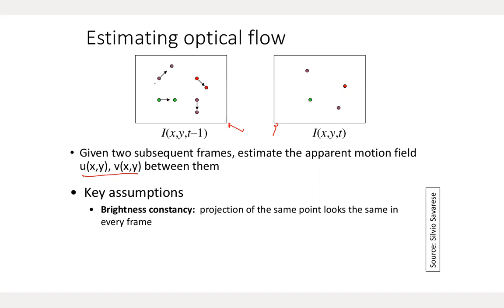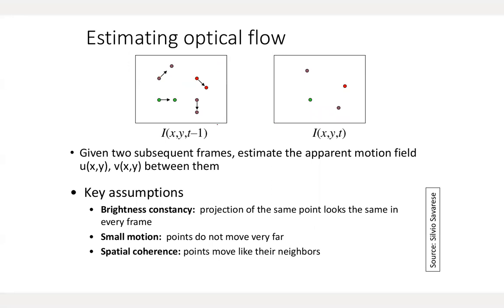If I have a dot here with some intensity, with this color purple, and I move to another location, it's more or less still the same intensity. If it just changes color, of course, we cannot track it, right? The second assumption is that the motion is relatively small. It's not going to make a huge motion, suddenly jumping from here to here, let's say.